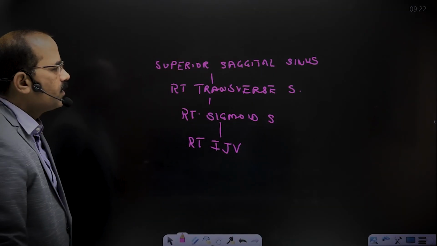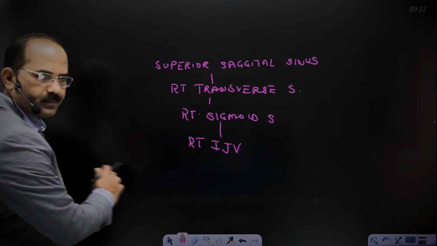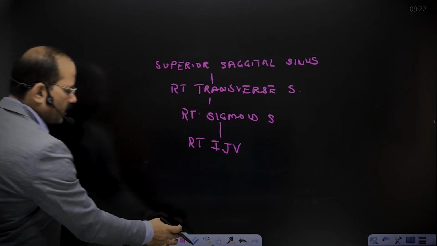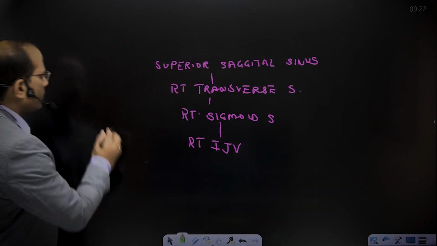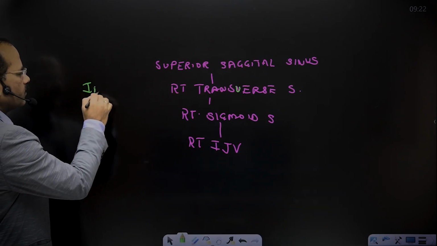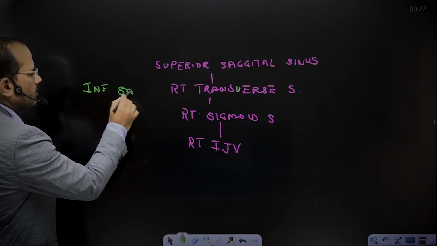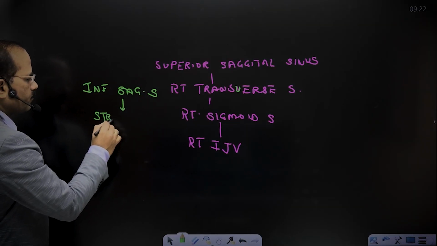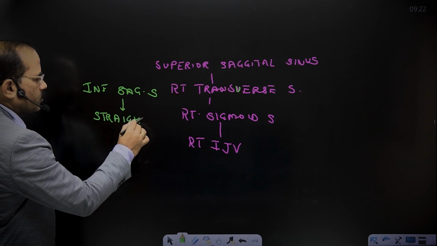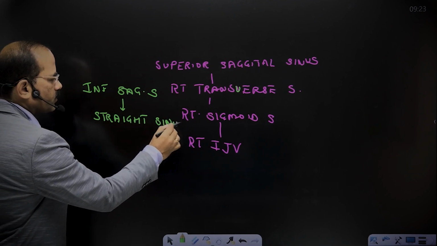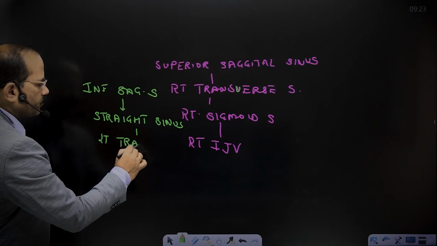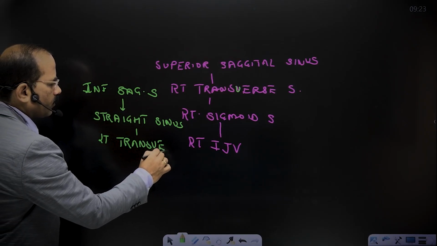Clear? Now coming to the next sinus, I'll write it on this side. The inferior sagittal sinus. Inferior sagittal sinus first becomes what? Straight sinus. The straight sinus becomes the left transverse sinus.